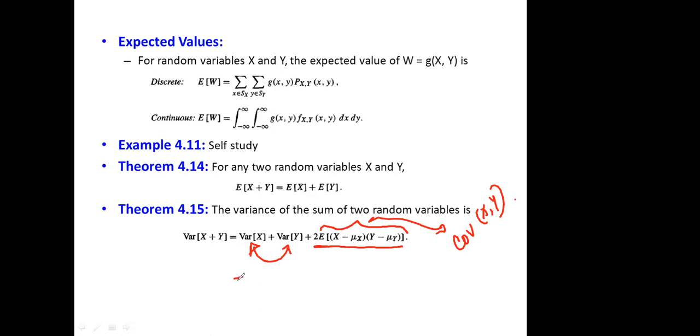So actually we are writing it like this: variance of x plus variance of y plus 2 into covariance of xy. Okay, so this is the result of variance of x plus y.